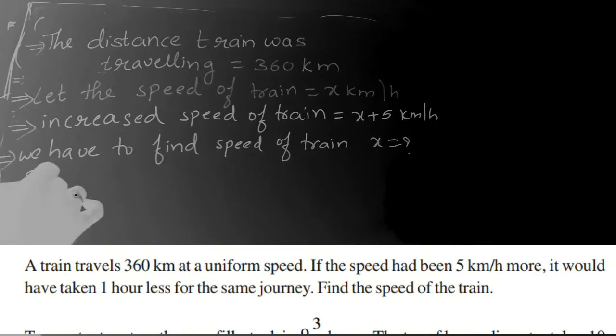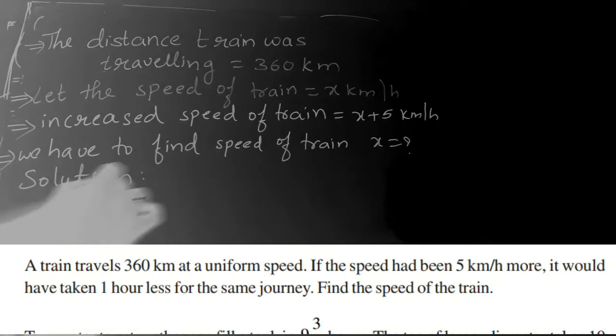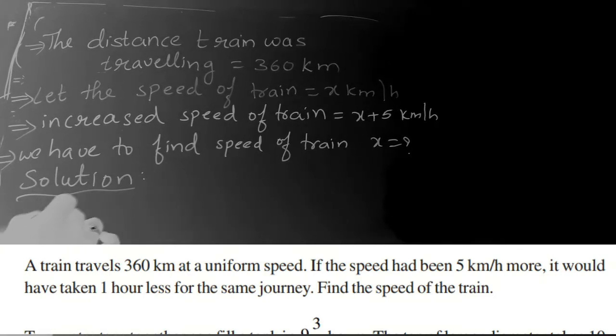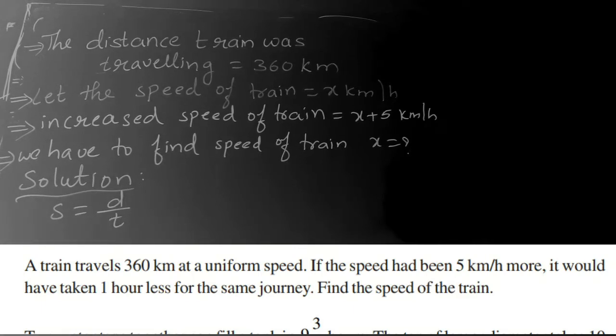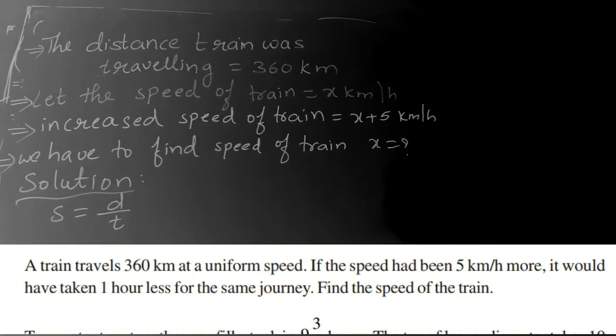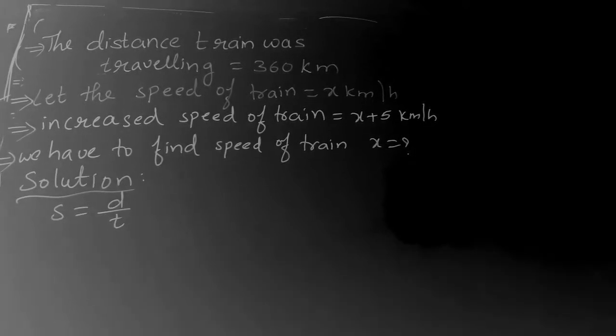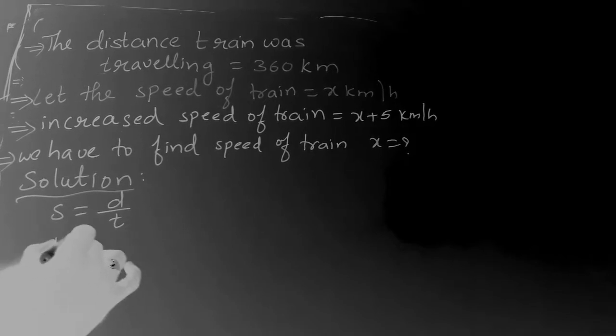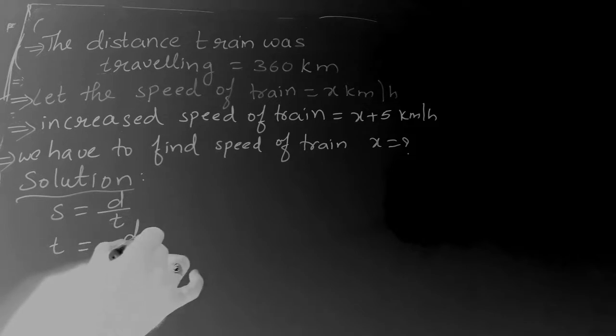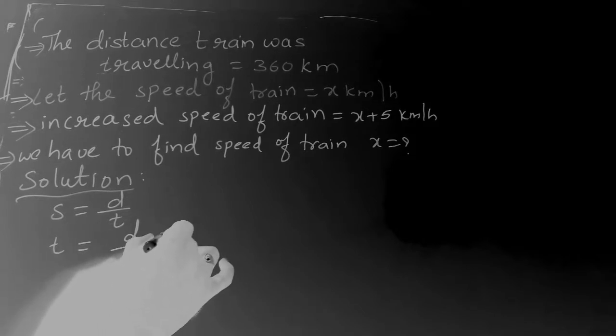So solution, we know that speed is nothing but distance by time. If the train is moving at a speed of x kilometer per hour, how much time is it going to take? First we will find. Time is nothing but distance by speed.